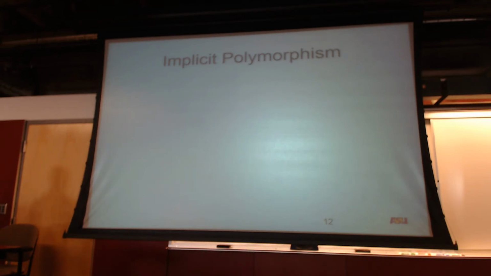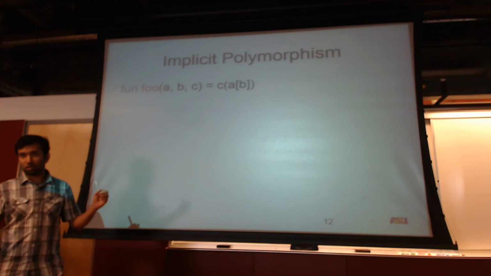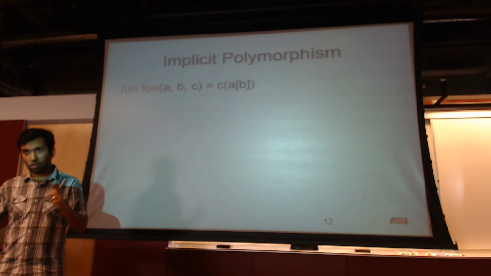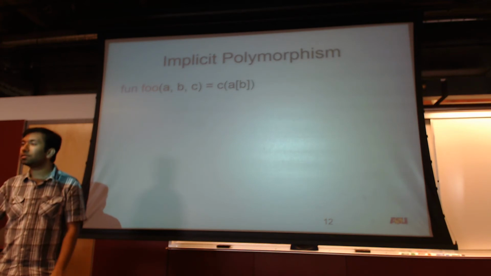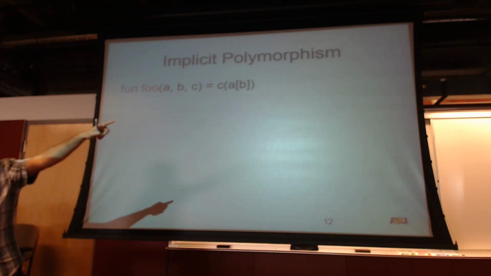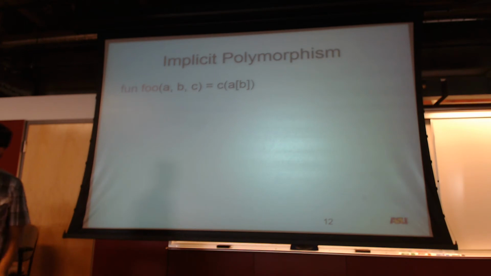Now let's see another type of polymorphism. How about this? Foo A, B, C equals C, then within parentheses A, then index B. Right? So here A index B, that means what? So what is B?